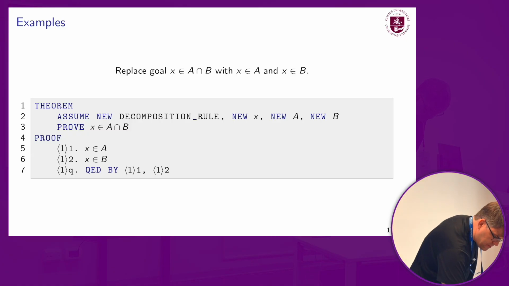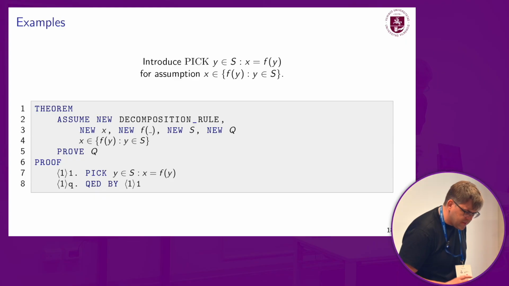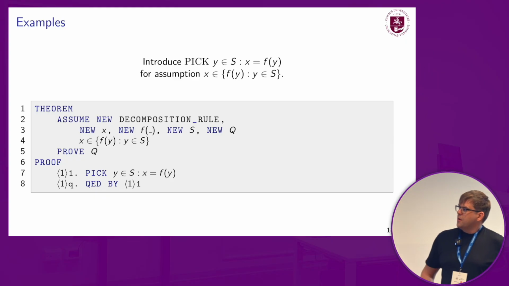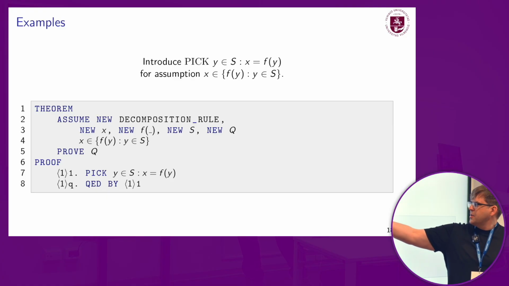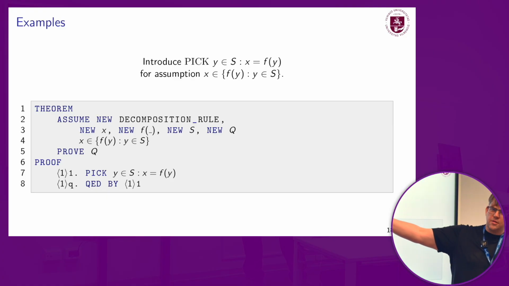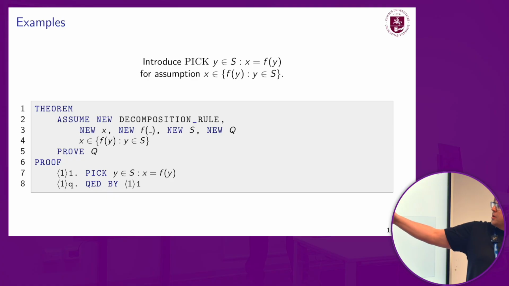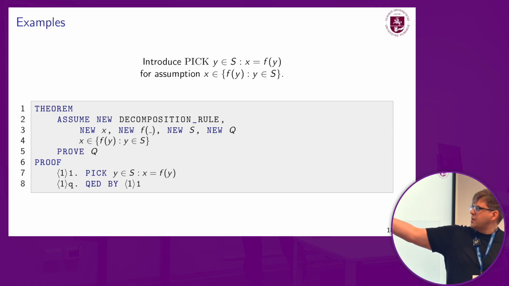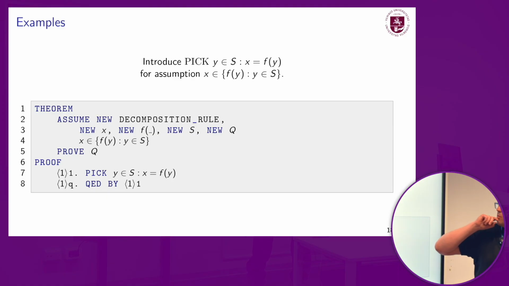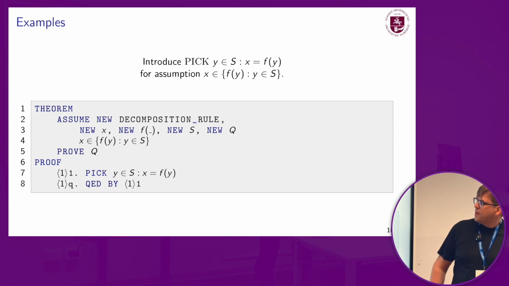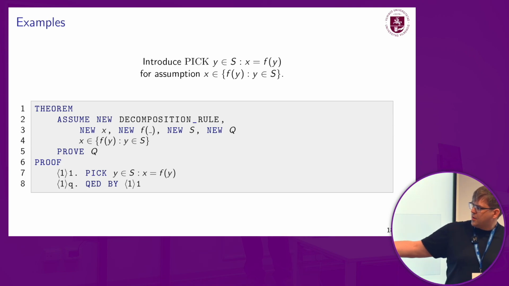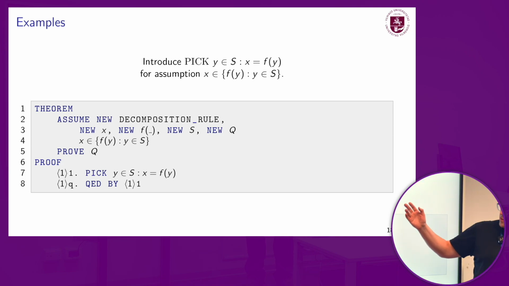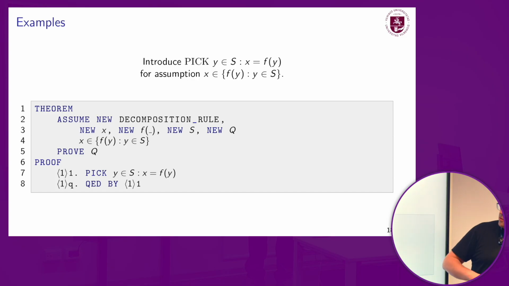Another, a bit more complicated, but still not very much, is that if we have some x in an image of a function f, then we can introduce some y in S, which is the argument of the function for which x is the value. So for this case, also we have the marker, we have the free variables as placeholders for our pattern matching.